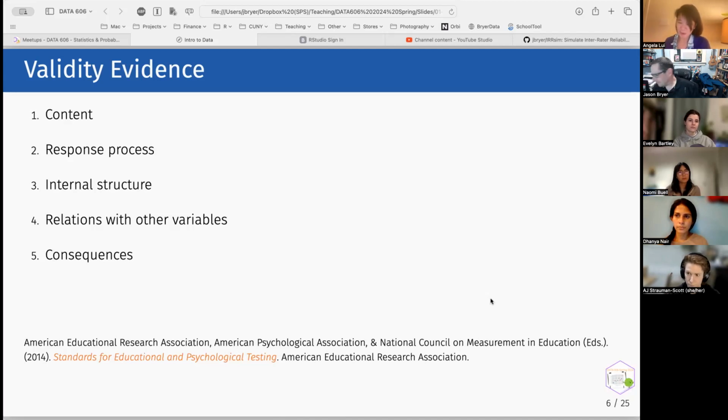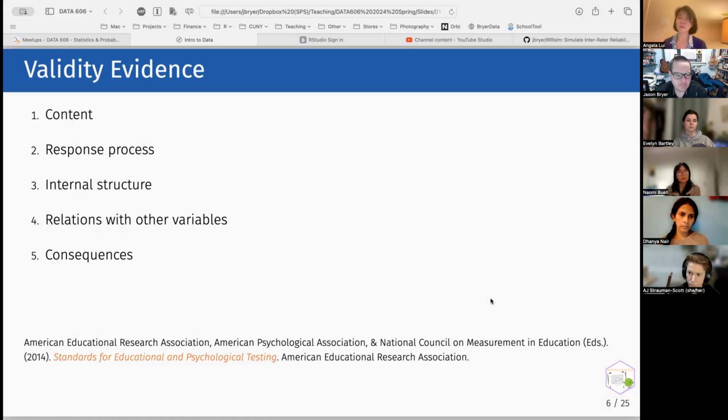Sure. So validity evidence, there are two approaches that we can think about. The older, more traditional version is called the Trinitarian approach, and they focus on content, criterion, and construct validity, right?